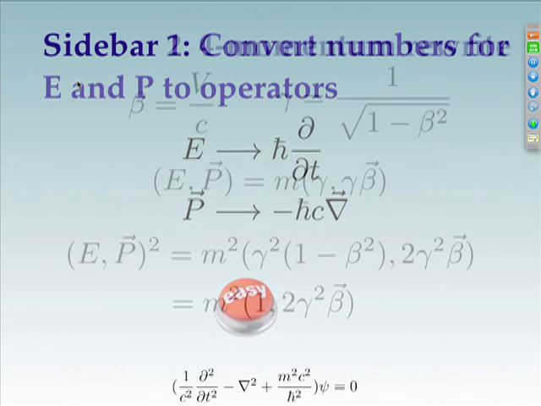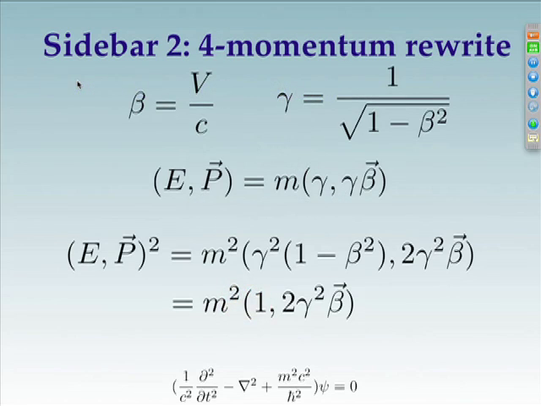And sidebar number 2 has to do with four-momentums. You can rewrite energy and momentum using this factor gamma. m times gamma is energy, where gamma is the square root of that factor that showed up in Einstein's original manuscript. And gamma beta is the velocity times that gamma.